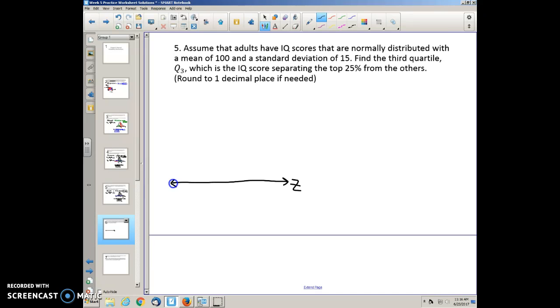So we start out looking at the Z distribution, the standard normal distribution, which has a mean of 0 and a standard deviation of 1. I'm only going to look at the positive side because that's really all we need to look at since we're finding the third quartile.